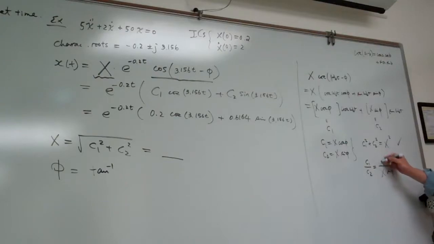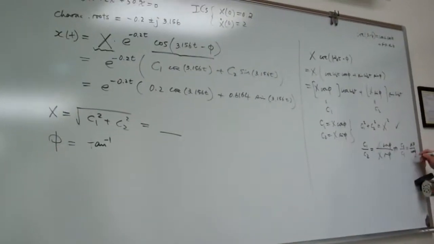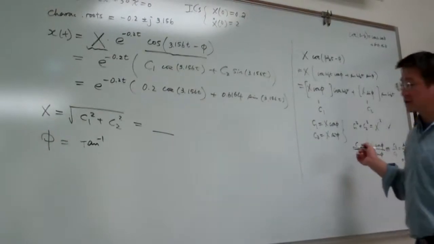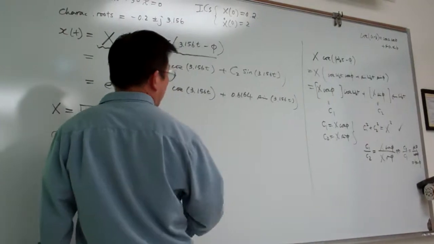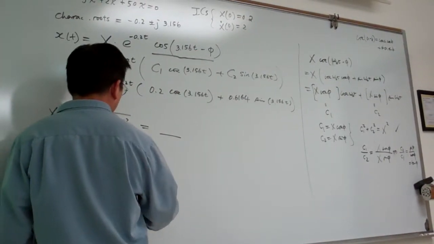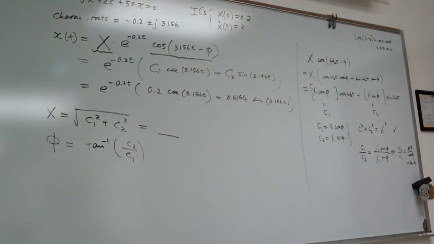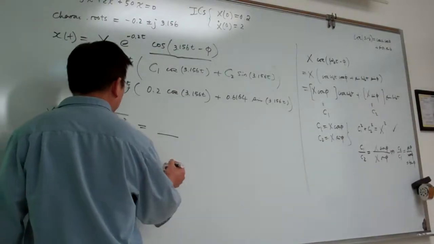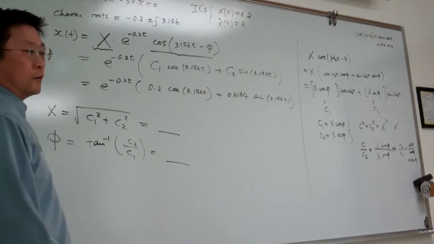From here we can cancel X, or otherwise take C2 divided by C1, then we reverse, equal to sine phi over cosine phi. And this basically equals tangent. So therefore, phi equals arctangent of C2 divided by C1.